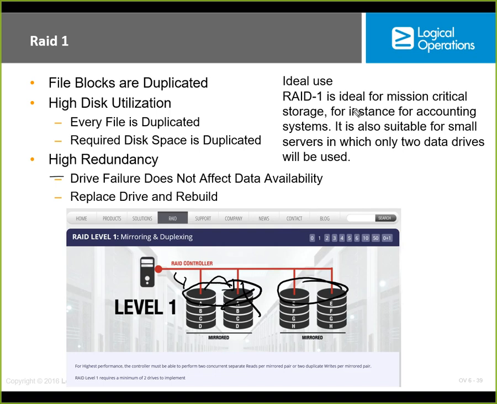RAID 1 is ideal for mission critical storage. Accounting systems also suitable for small servers which have 2 data drives. We did use RAID 1s on a number of our servers, and disks fail. So that is a good thing.